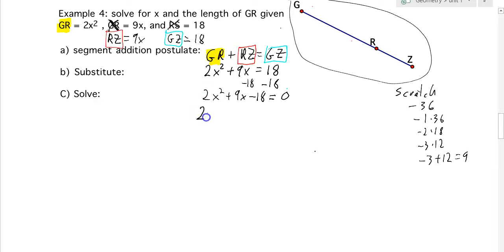I can split my middle term up. Negative 3x plus 12x is the plus 9x on the line above it, so that I can factor out the common factor of my first two terms.